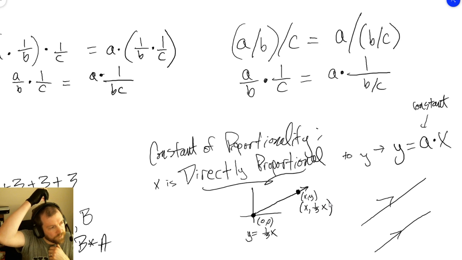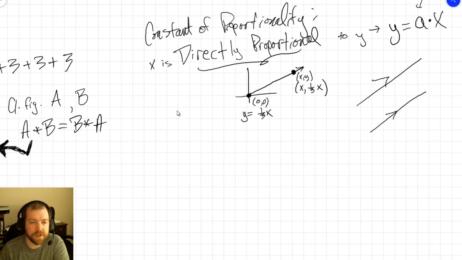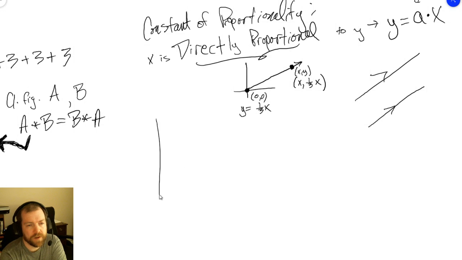If you're looking at it on a graph, you're basically working backward. You'd say, if I have this graph, it has to go through the origin, so we know it's going to go through 0, 0.